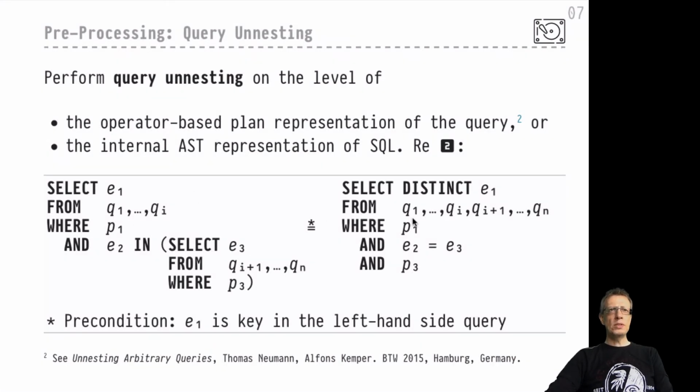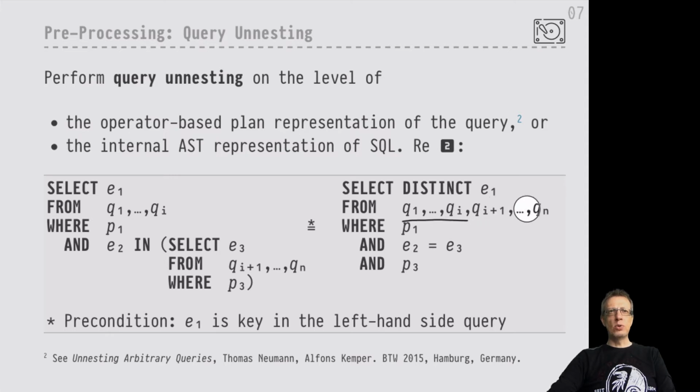To make sure that this is the same here on the right hand side, we need this particular distinct clause, right? So one particular row binding for the first i participating tables here may find many join partners in the residual i plus 1, i plus 2 up to Qn tables here.